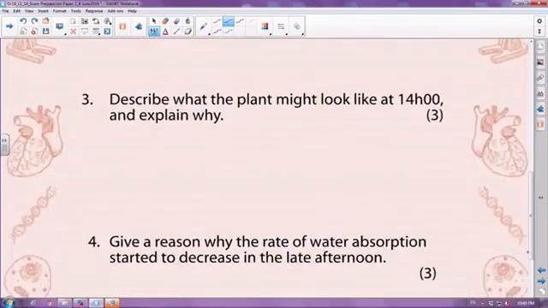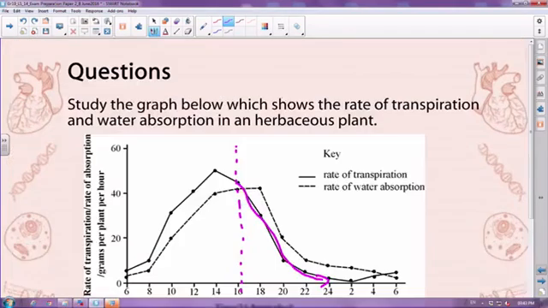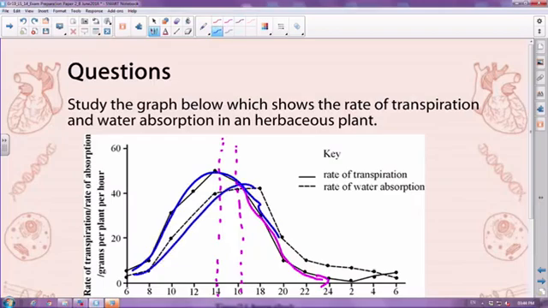Right, question number 3. Describe what the plant might look like at 2 o'clock and explain why. Have a look at 2 o'clock. Right, let's go up again. When we draw this, let's put our 2 rates, rate of transpiration and rate of water absorption.